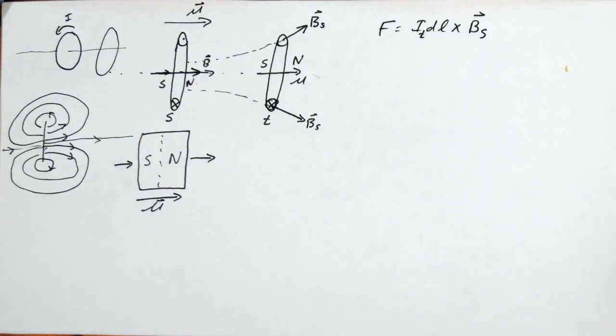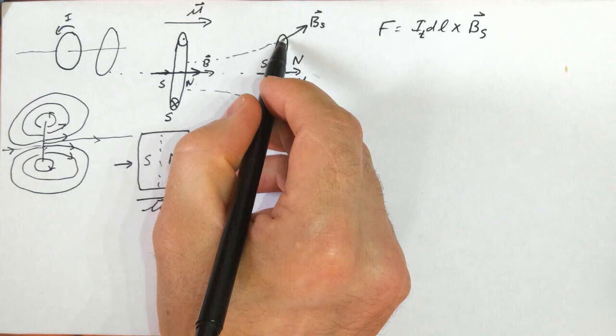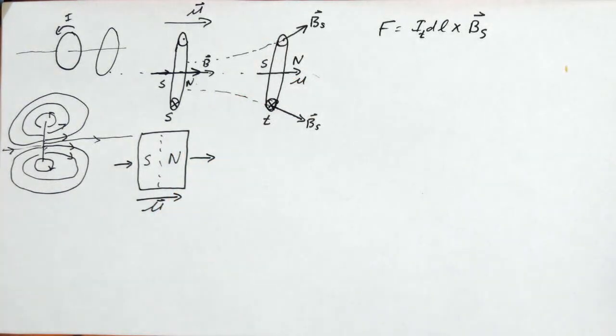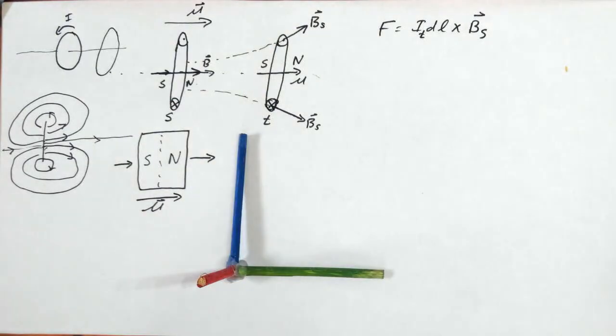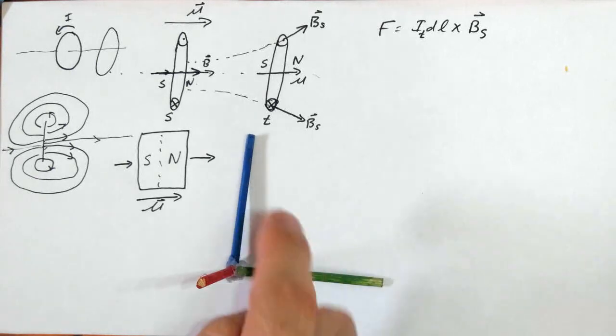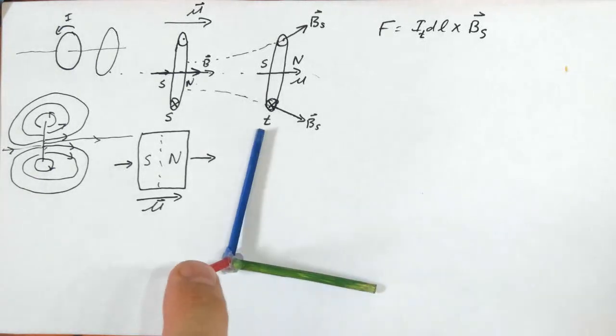Okay, well, with that being the case, and the current is flowing out here and in here, what is the direction of the force, at least due to those two pieces of the current? Okay, the top piece and the bottom piece of this loop. Let's use our right-hand rule. Okay, so velocity to magnetic field gives you the force.